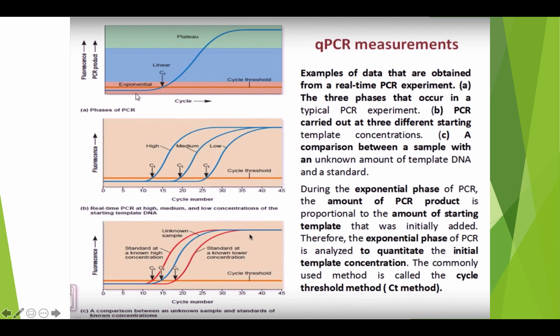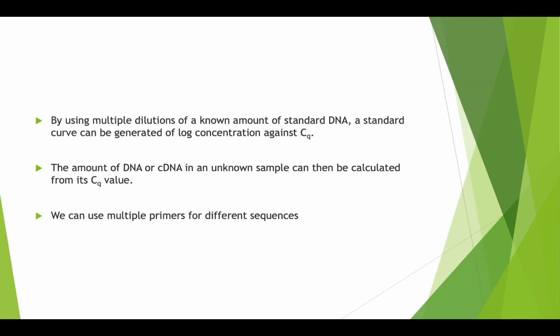You can use a standard to give you an idea of what is a high and low concentration, and then run it alongside the template you're looking for, so you can have something to compare it with.